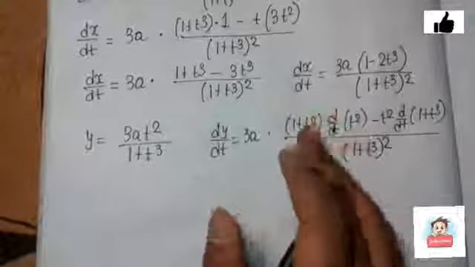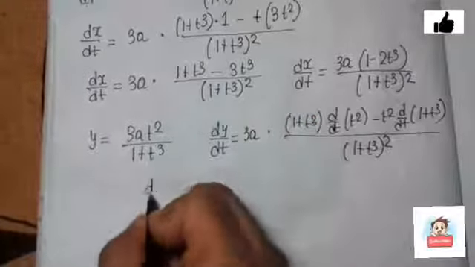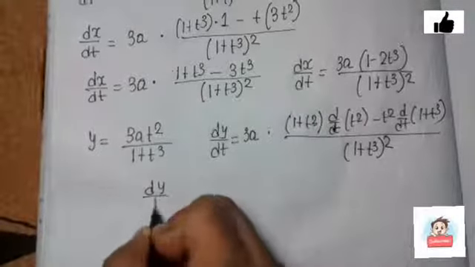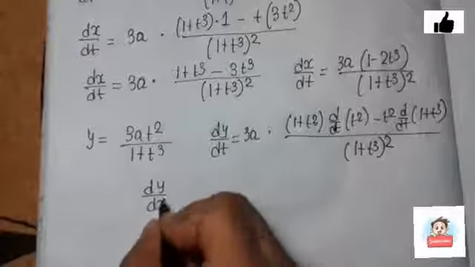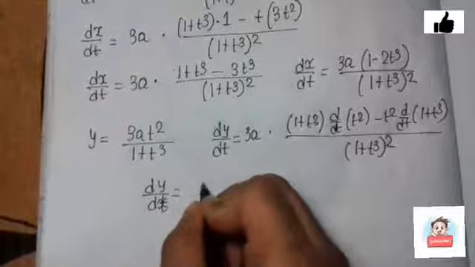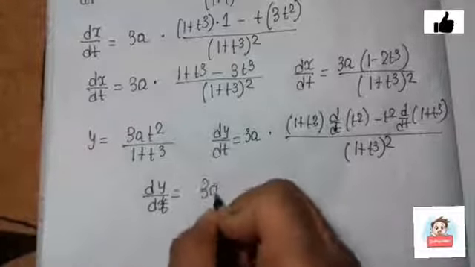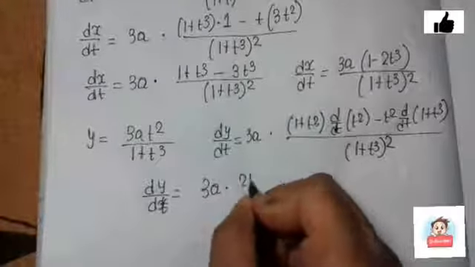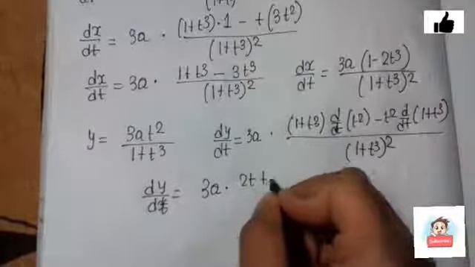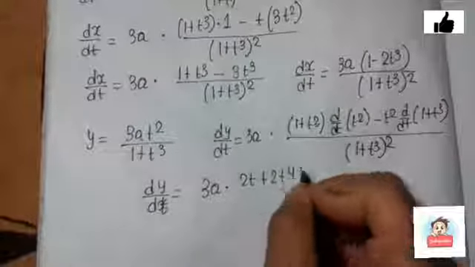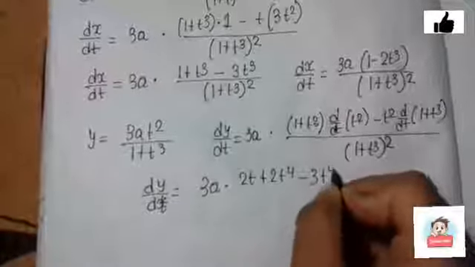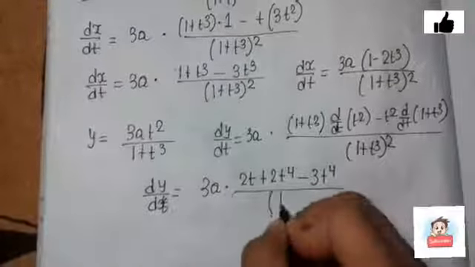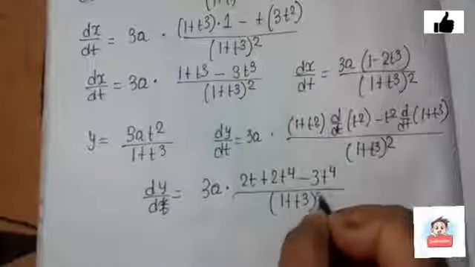Now the next step, I'm jumping one step, you do that step please, to make yourself understand: dy by dt equals 3a into 2t plus 2t to the power 4 minus 3t to the power 4, divided by 1 plus t cubed whole square.